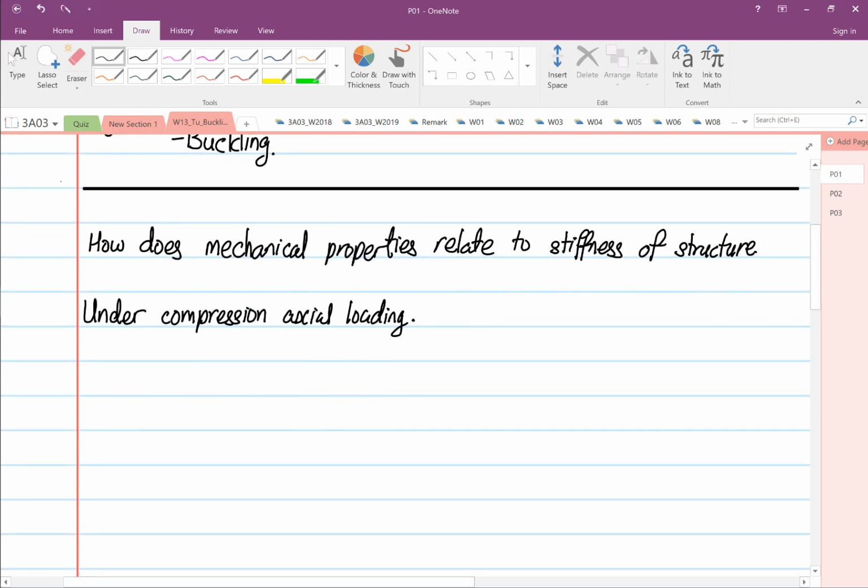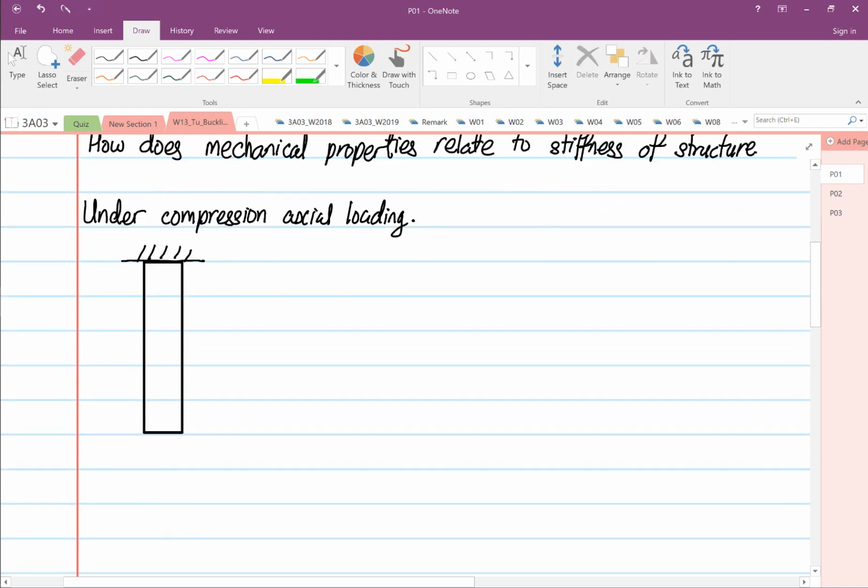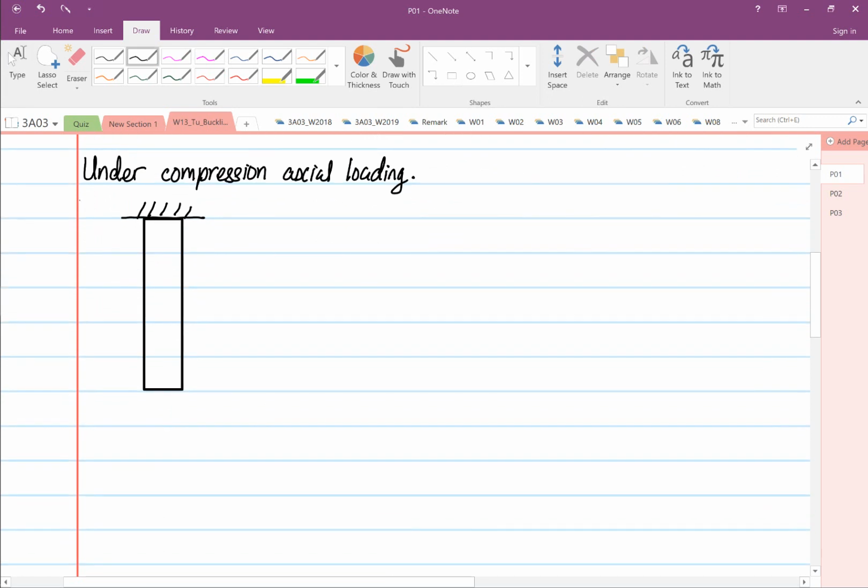So if we have a structure under compressive loading, one end is built in, so this is our structure, and we have a load.